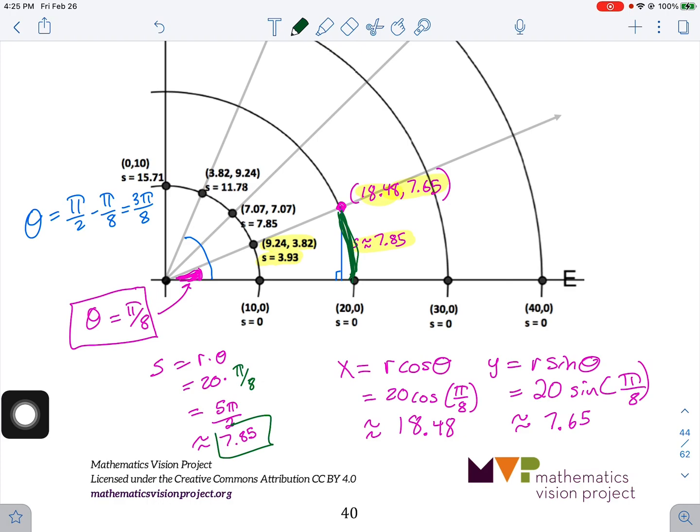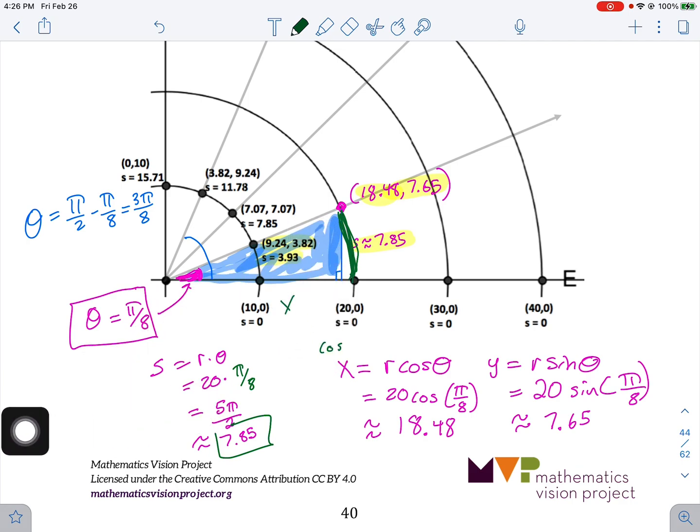Now we can also calculate the location of this point using our trig functions. So because we know that, and you can kind of see here, let me do it in blue here. This is the triangle that we're working with here. Okay. And so the x value of this triangle down here, we can say that the cosine of theta is equal to adjacent over hypotenuse, or x over r.